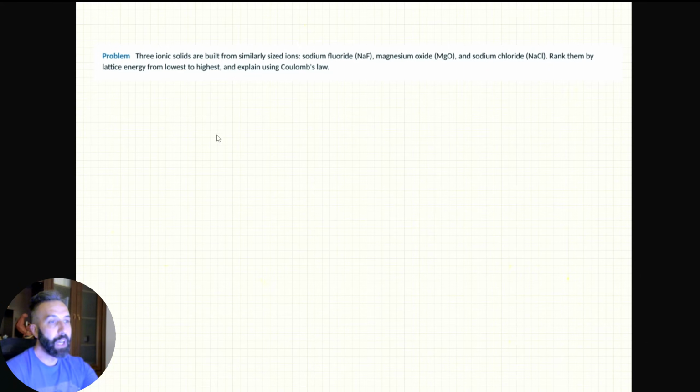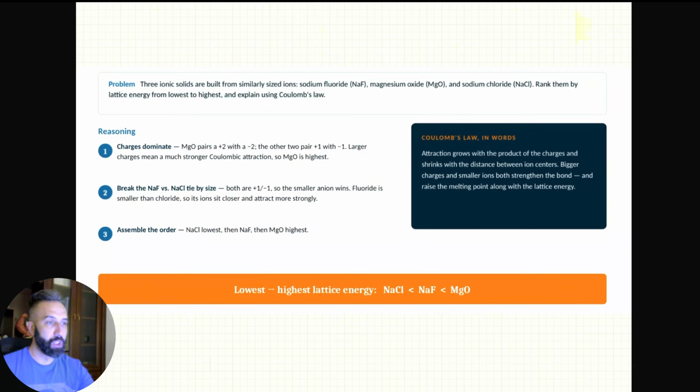So we've got sodium fluoride, magnesium oxide, sorry, and sodium chloride, and we rank the lattice energy. Lattice energy depends on the bond between these atoms. So which bond is the strongest?